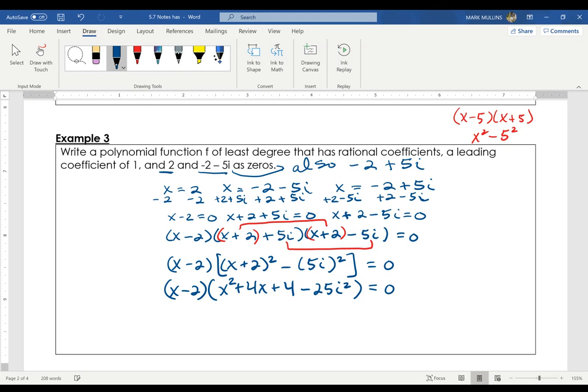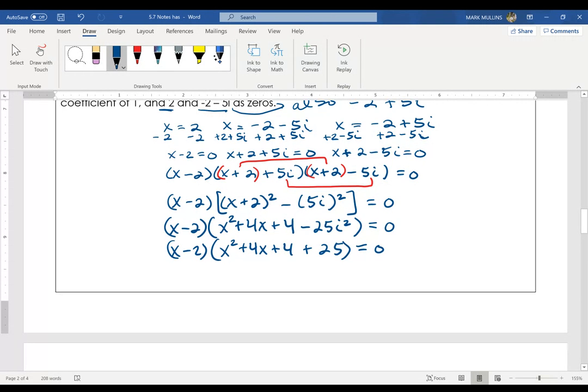If I sub a negative 1 in here, negative 25 times the negative 1, I'm going to have x squared plus 4x plus 4 plus 25. Then we're going to combine the 4 and the 25. This is going to be a long problem. x squared plus 4x plus 29.